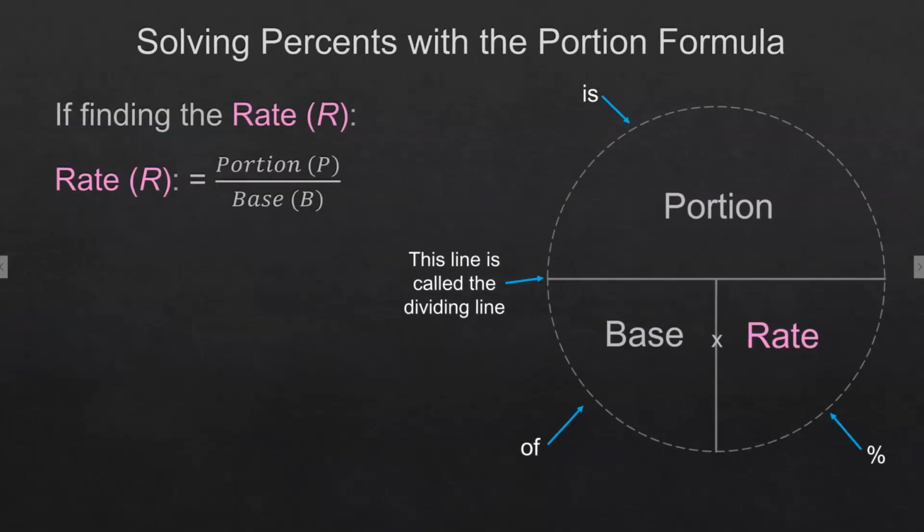If I'm finding the rate, it's kind of like the one we just looked at, right? If I'm finding the rate, then I'm going to take the portion and divide it by the base, right? So portion divided by base, and then that's how we would get the rate. And then there's a little bit more to it, but we'll talk about that as we go.